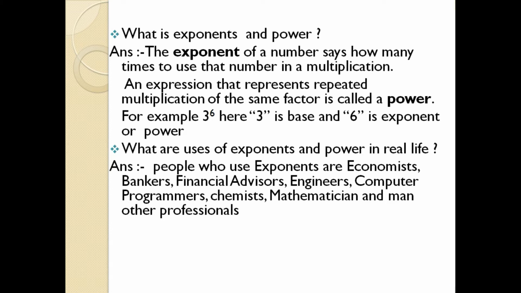What we get to know from that 2 is that there are 2 atoms of hydrogen. Understood? In Al2O3, that means there are 2 atoms of aluminum and 3 atoms of oxygen. That is alumina. So you have to use these in this format. Even mathematicians, financial advisors, engineers and computer programmers all use exponents and power.